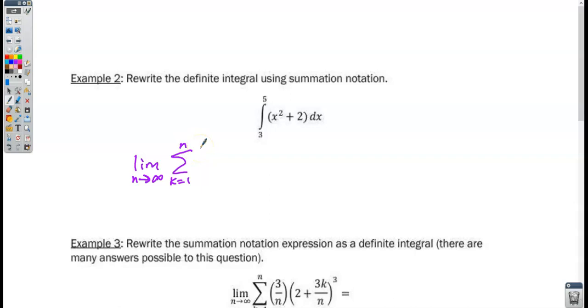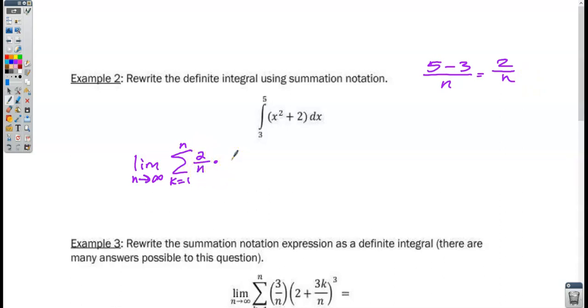That's uniform every time. The first thing we want is the width of each rectangle, which we get by taking the upper limit of integration minus the lower limit of integration, divided by the number of rectangles. And so the width of each rectangle is going to be 2 over n.